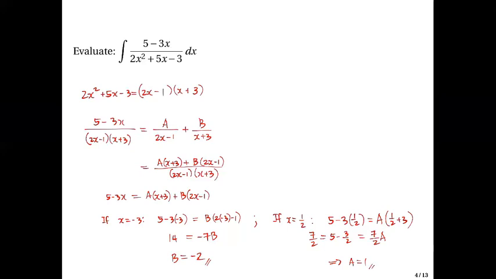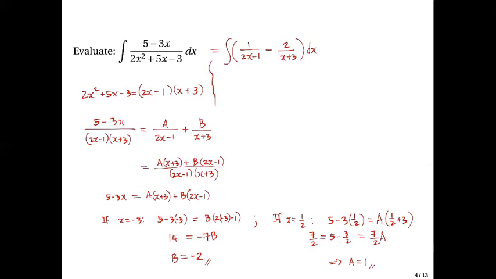Therefore, our integral now becomes the integral of a, which is 1. So 1 over 2x minus 1. And then b, it's minus 2. So we have minus 2 over x plus 3 dx.